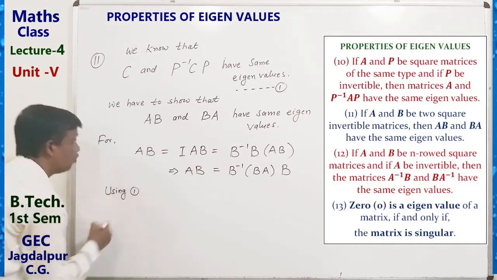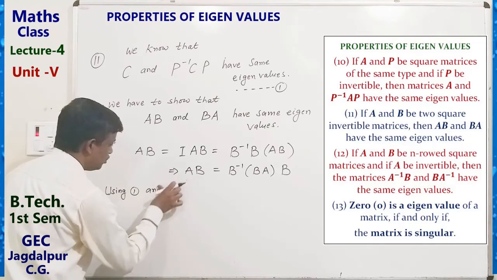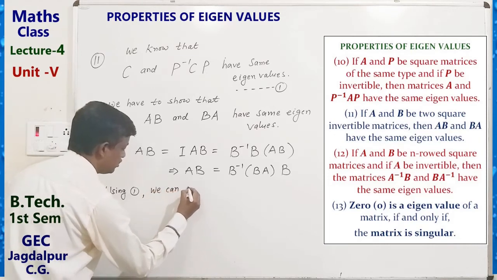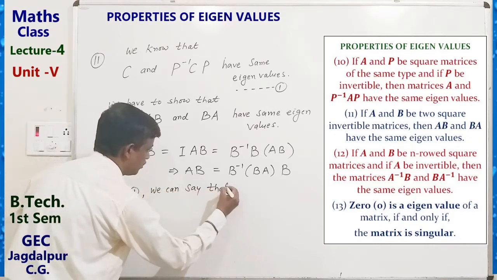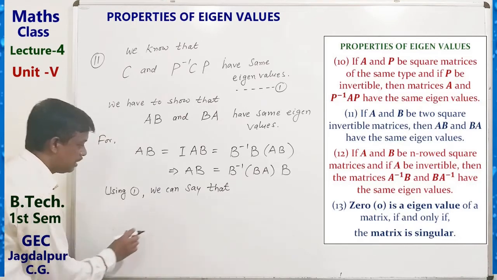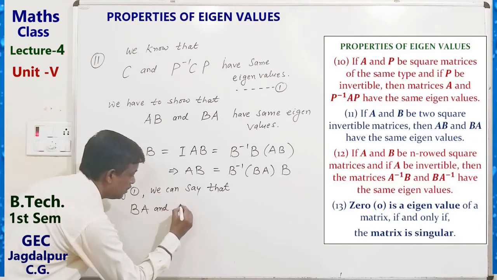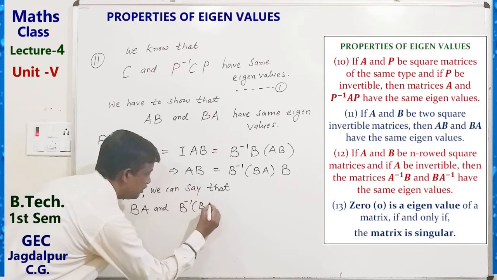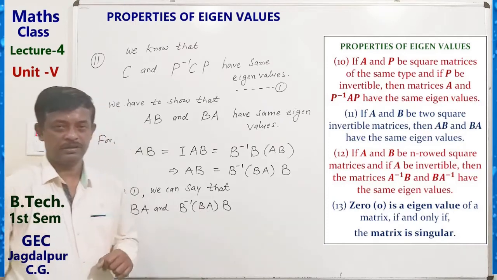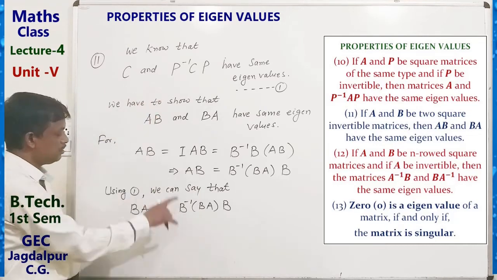Using 1, we can say that in place of C, if we take BA, we can say that BA and B inverse BA B, in place of P, B inverse.